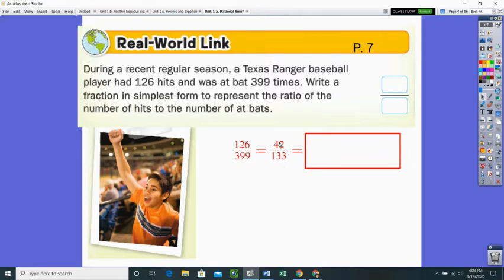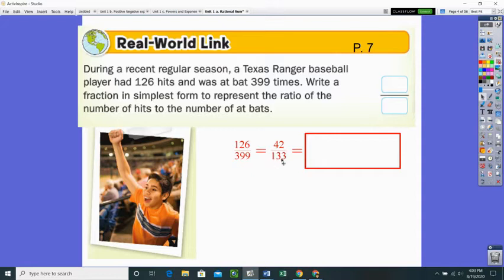Now we kind of ask ourselves, can we do any more? So the 4 plus 2 is 6. Ooh, maybe we can divide by 3 again, but notice the denominator is 7. So the last thing I ask you to look for is what I call the weirdos. Some of your prime numbers, like 7, 11, 13. And I notice right away that 42 is the product of 6 times 7.